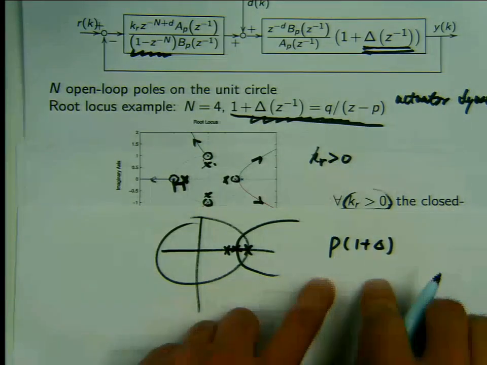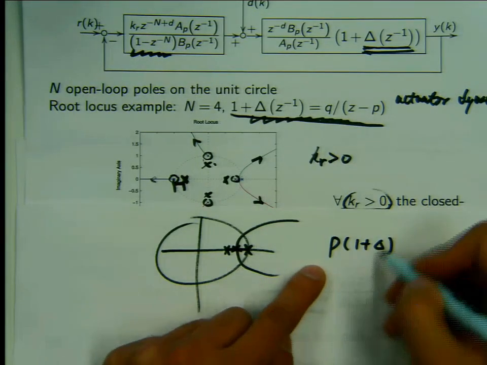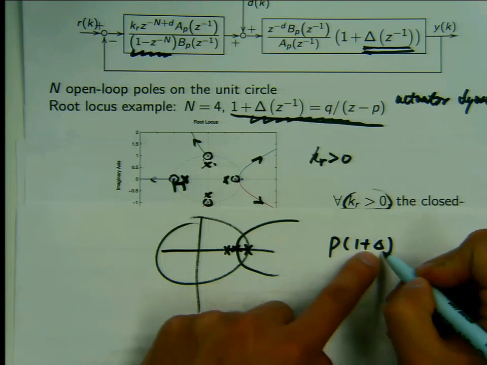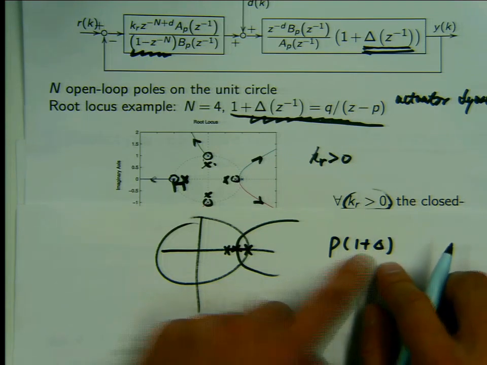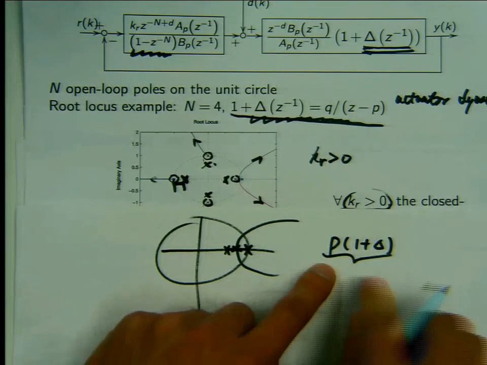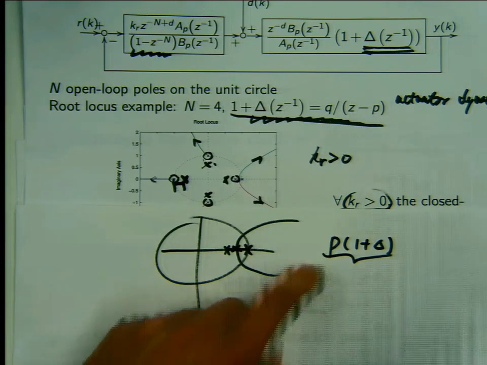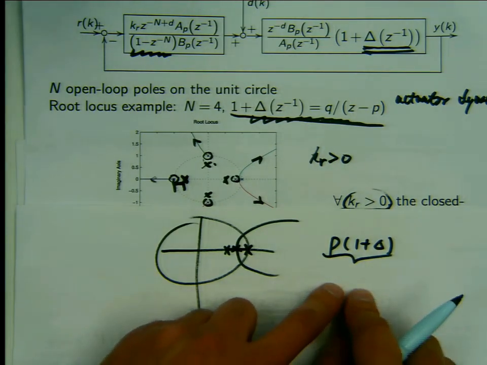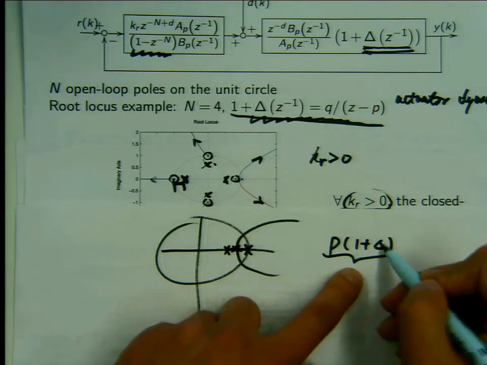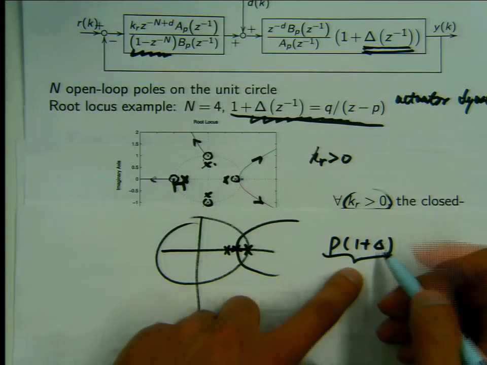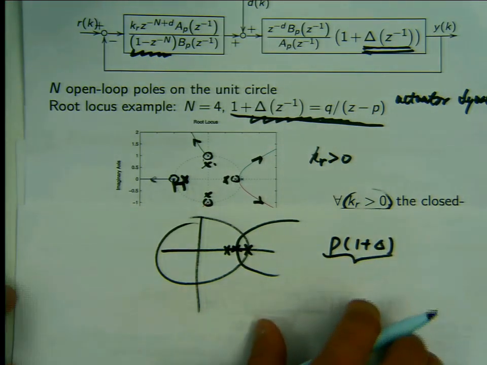What our assumptions are is that this uncertainty term itself is stable. That means the poles of this guy will be stable. It's not going to go outside the unit circle. If this guy is unstable itself, the problem is fundamentally much more challenging.